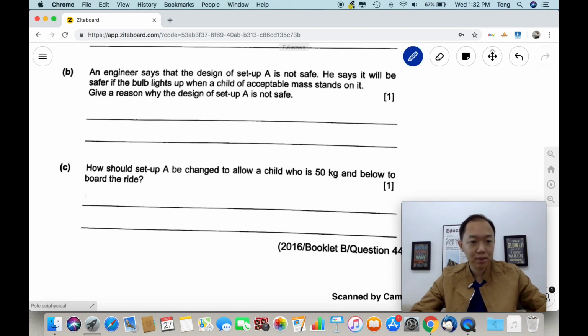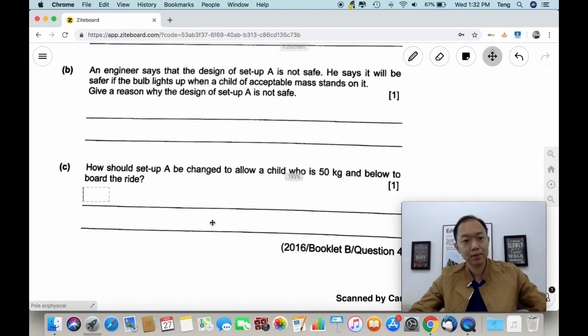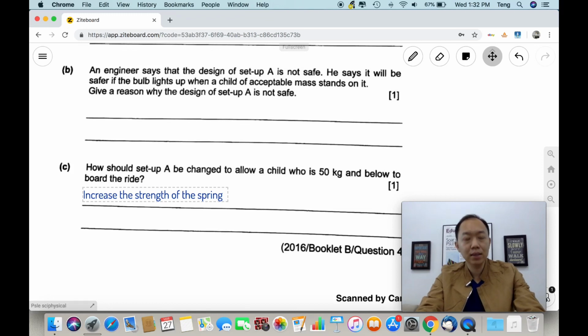So increase the strength of the spring. When you increase the strength of the spring, you need a heavier child to stand on it. It will take a heavier child to compress it.